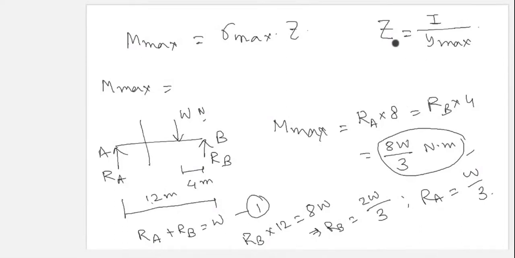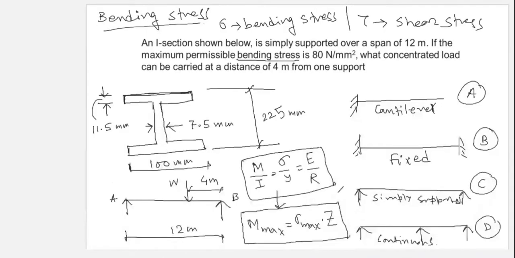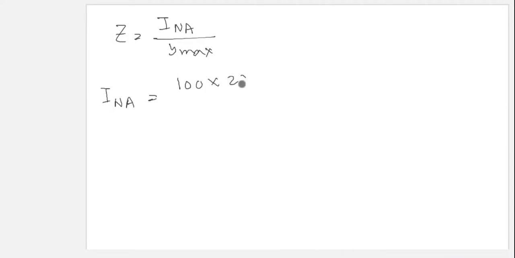Okay, and what is this Z? I by Y max. I for INA, right? So Z equals INA by Y max. What will be the INA for this I section? I am writing the expression. Please check after class.